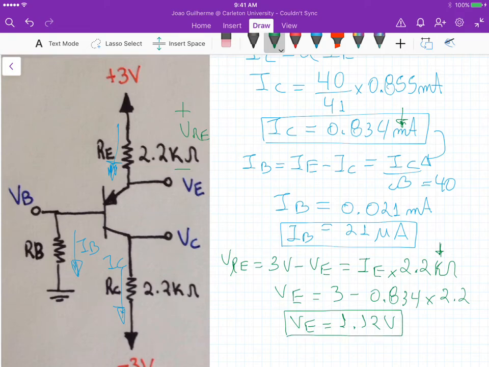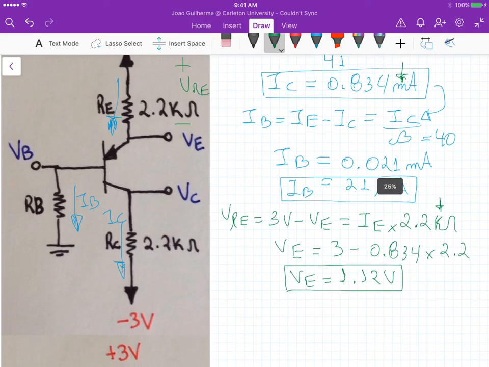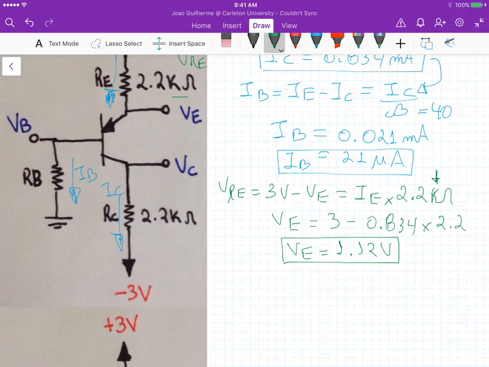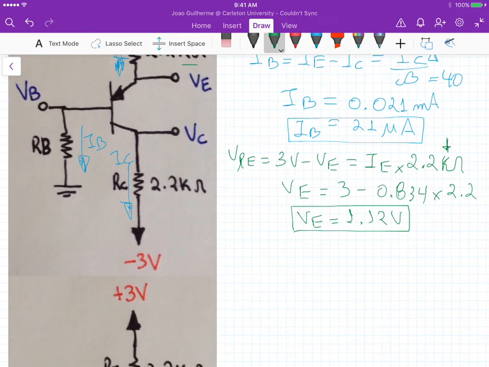So we know VE. Now, if we want to calculate the other voltages, we can apply a similar analysis. So for VB, we know that this terminal of the base resistance is grounded, right? So this is VRB. And we know that the voltage at this terminal here is actually VB.